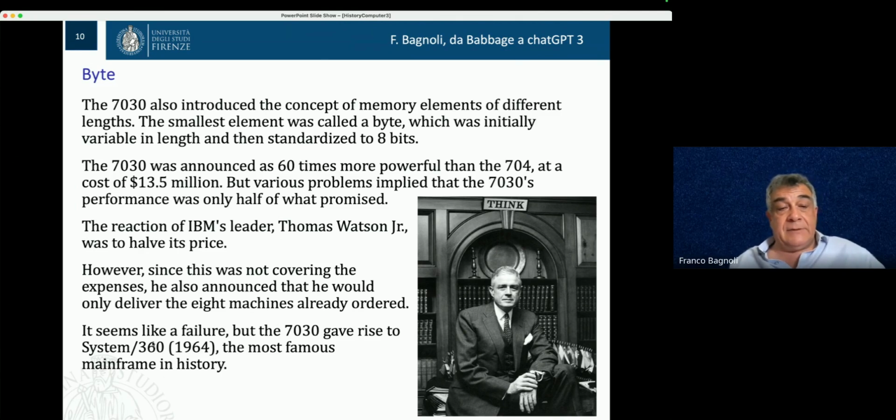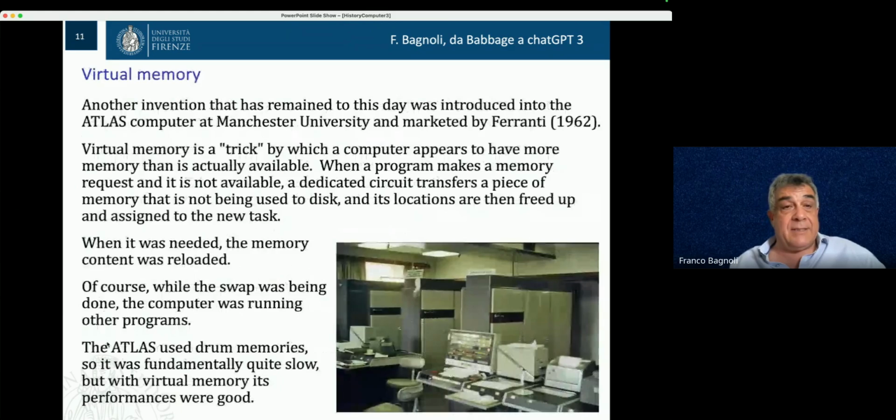But this failure opened the path to the real revolution, the System 360, which was, as we shall see, the real standard for mainframes.